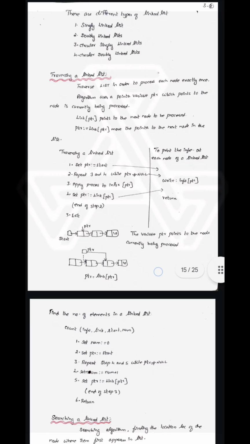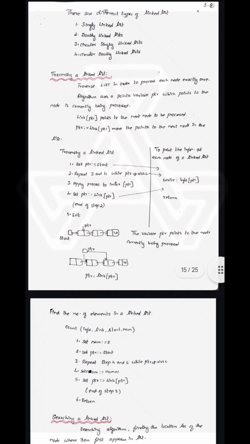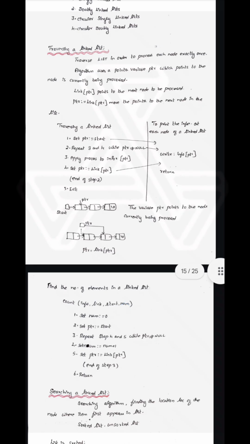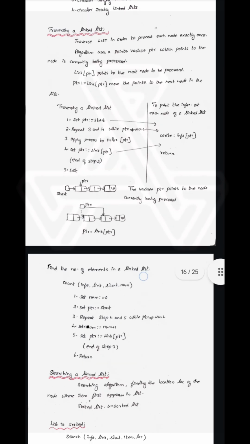Traversing a linked list: Step 1, set PTR at start. Step 2, repeat steps 3 and 4 while PTR is not equal to null. Step 3, apply process to info of PTR. Step 4, set PTR equals link of PTR. Step 5, end of step 2.